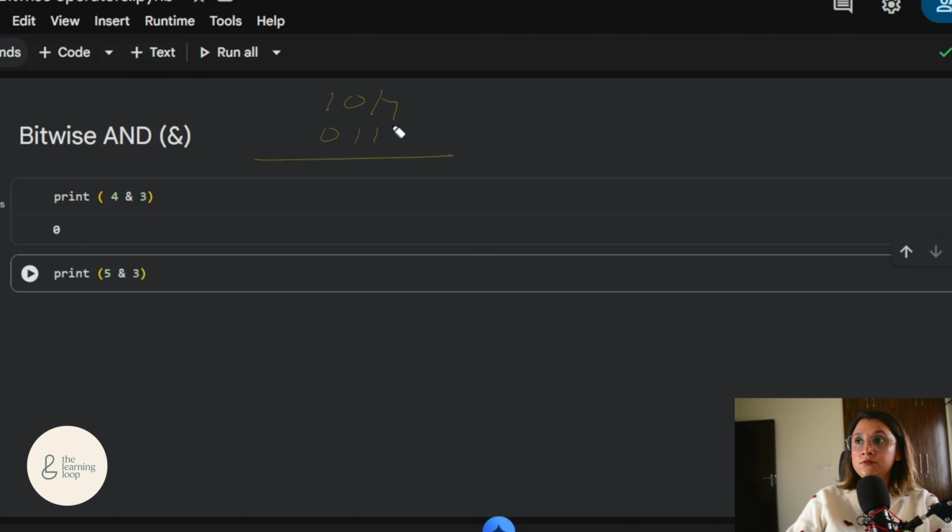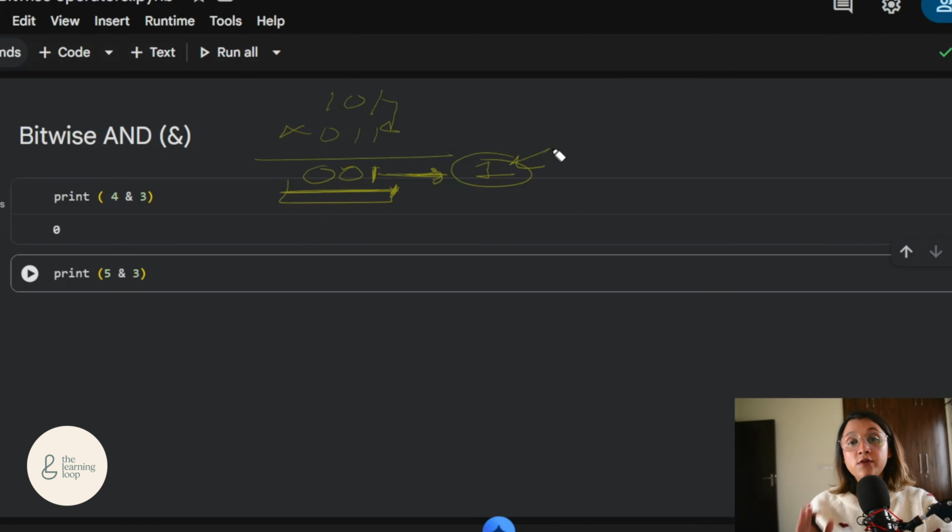Now this is 1 and 1. We are doing AND here. So 1 and 1 would be 1, 0 and 1 is 0, 1 and 0 is 0. So the answer should be 1 in decimal, because 001 in binary would be coming out as decimal number 1.